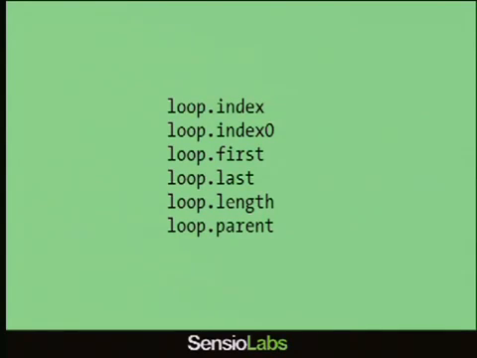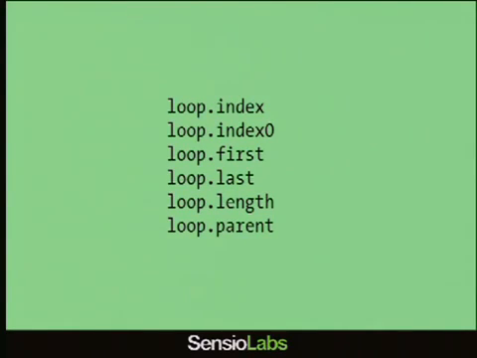The index we are at, index 0 means that this one starts with 1, this one starts with 0. Loop first returns true if this is the first iteration, false otherwise, and last returns true if this is the last iteration of the array.